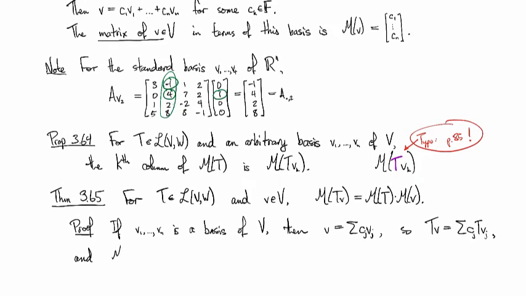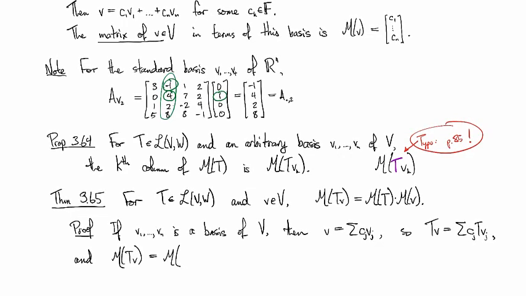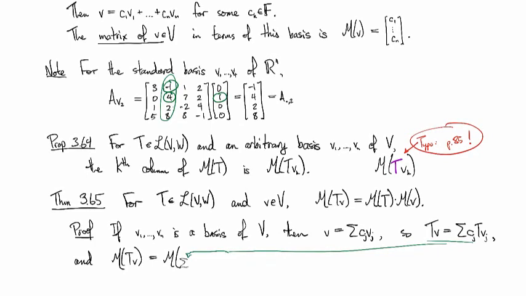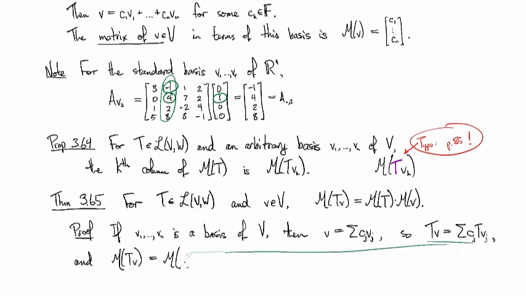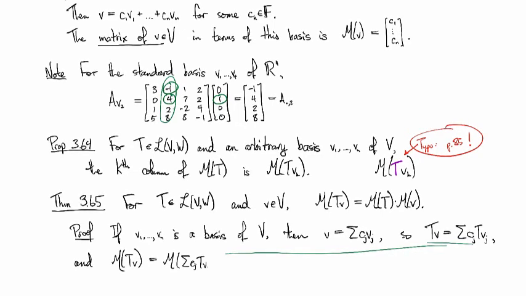And then the matrix of Tv is going to be, and I'm going to substitute in that thing that I wrote in the previous line, just take this here and squeeze it in there. Whoa, something very interesting just happened with my drawing tool here. Okay, so then we're going to have the sum of cj T vj.